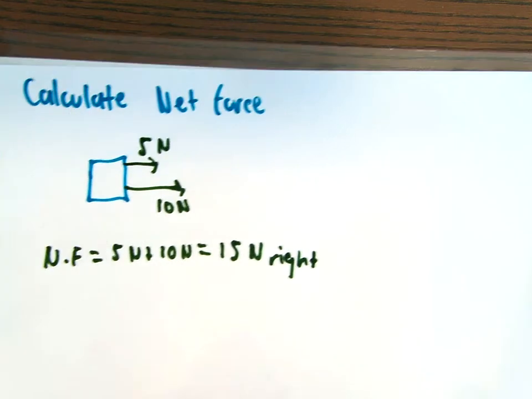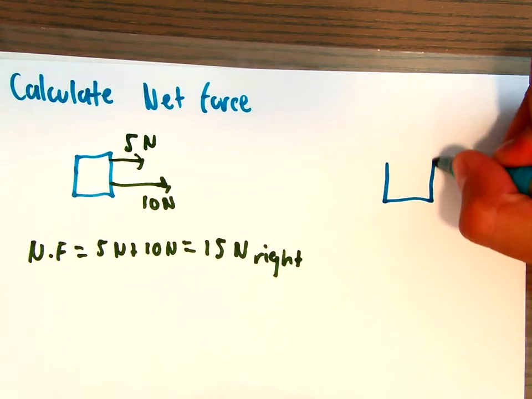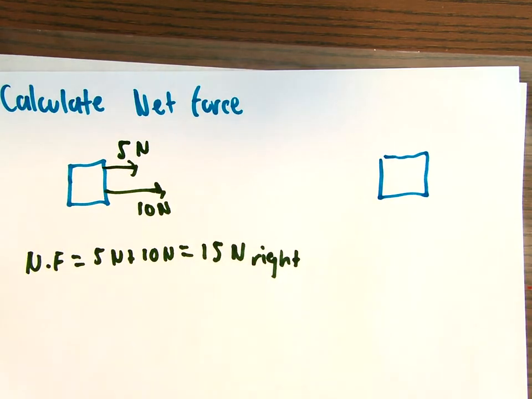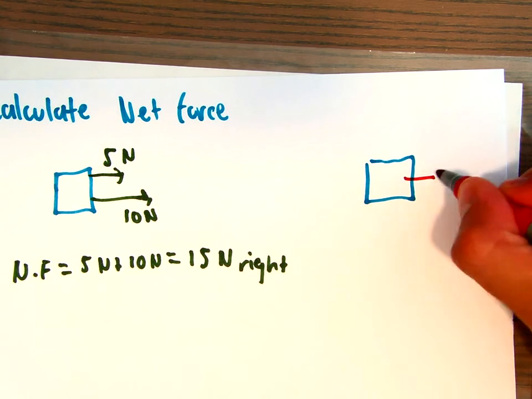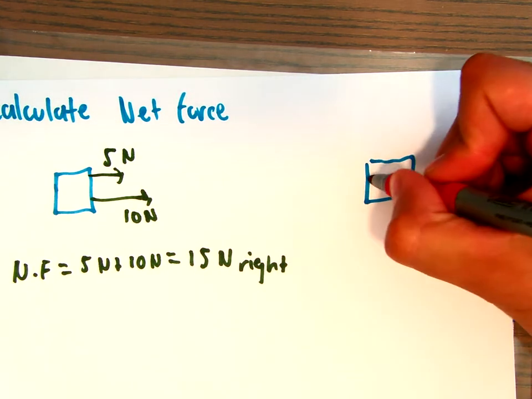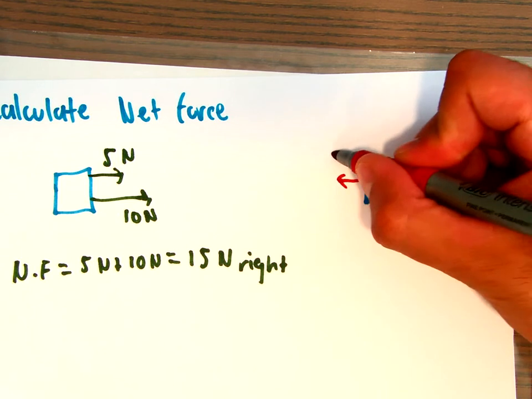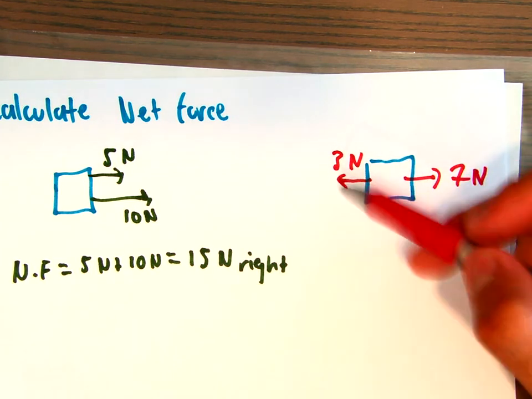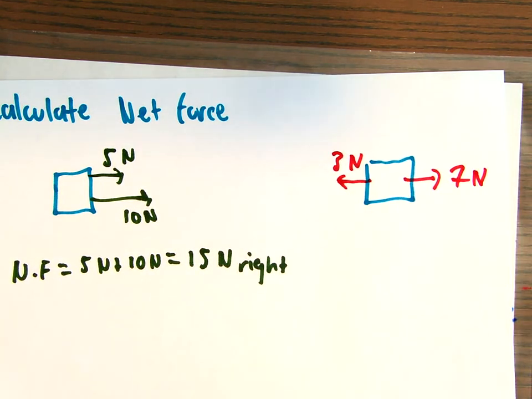Let's start getting a little bit more complicated, but it's still going to be relatively simple. Let's say I have another object, a force of 7 newtons to the right, and another force of 3 newtons to the left. So they might not put negatives, but you know that if it's going to the left, we're going to consider it to be a negative number.